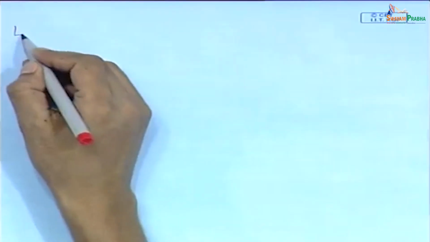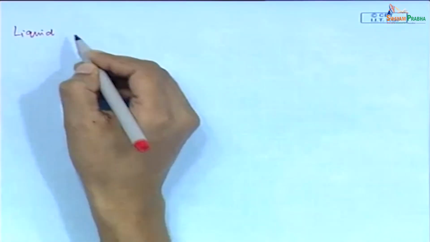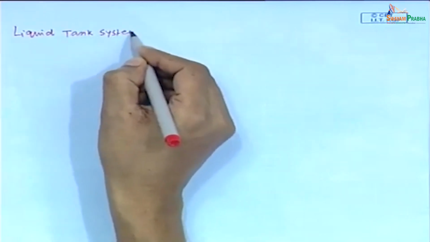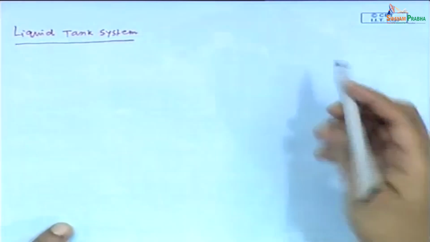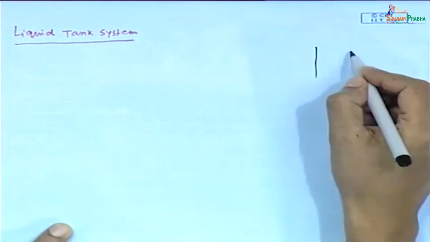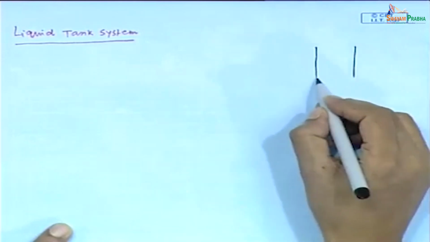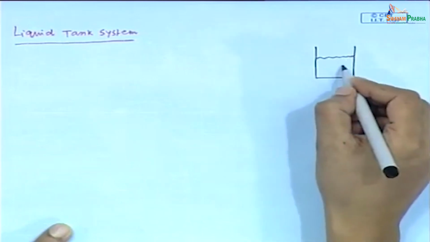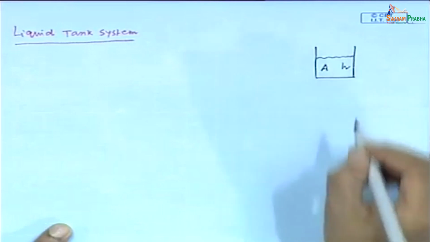Now, we will take one example to linearize the model. We will consider the example of a liquid tank system. This is the schematic of the liquid tank system, with liquid height H and cross sectional area A of the tank.